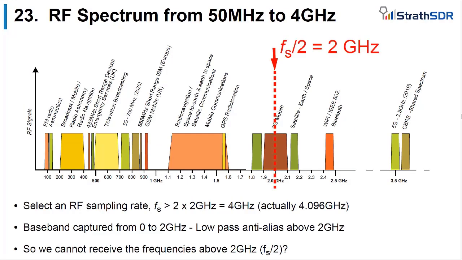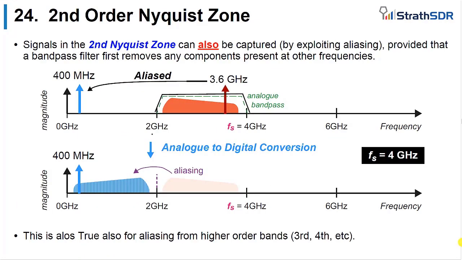And if you wanted this higher band, so actually if we want these frequencies here, which are above 2 gigahertz, well, now we exploit aliasing. And that's exactly what we can do by taking our sample rate at 4 gigahertz. We put the 3.6 gigahertz sine wave in here again, just for observation.